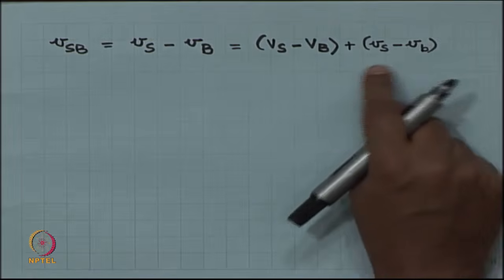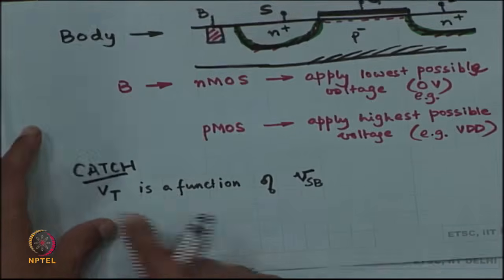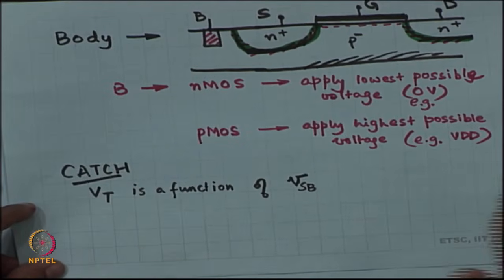If either the source or the body voltages are changing, then that is going to change the Vt of the device with time.